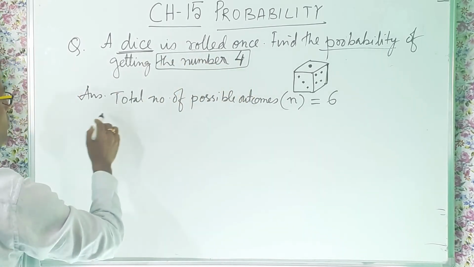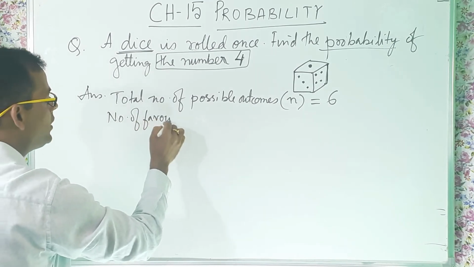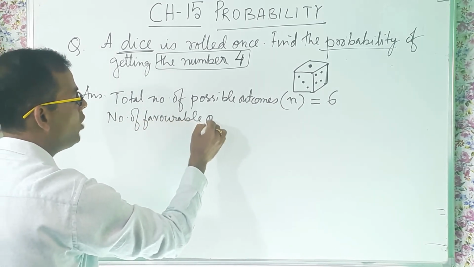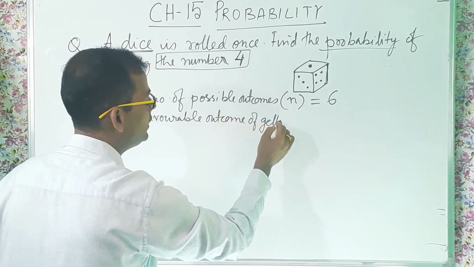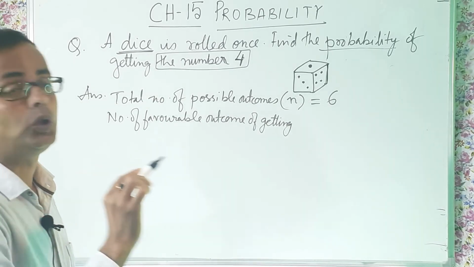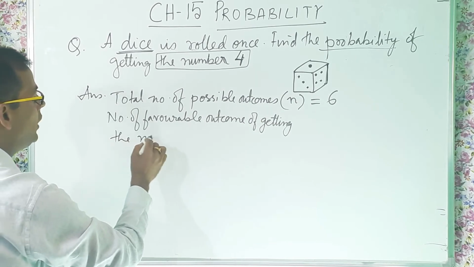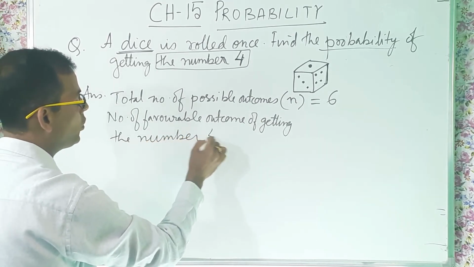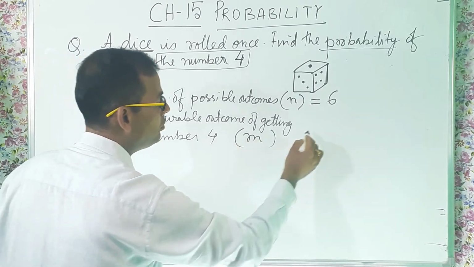So what will I write? Number of favorable outcomes of getting... I wrote in the formula of getting, then dot dot dot. Now in that dot dot dot, what will I write? The number 4. And that is, in short, we say m.